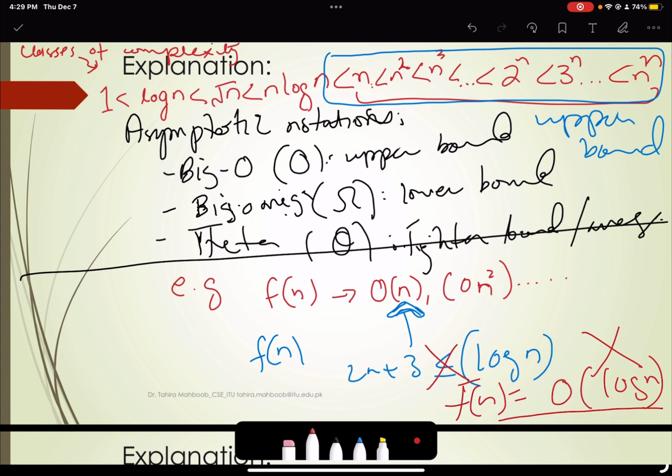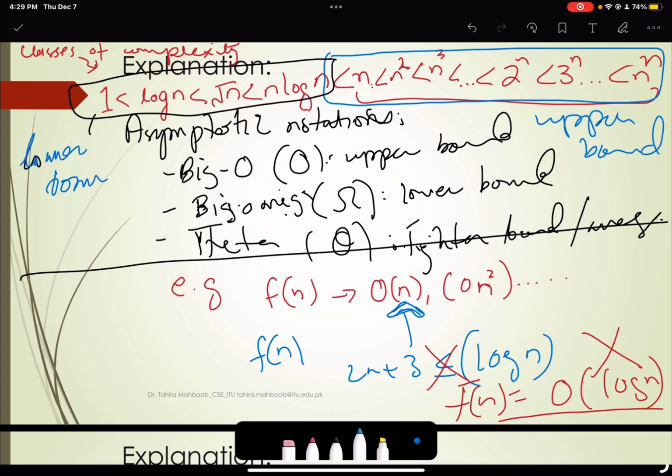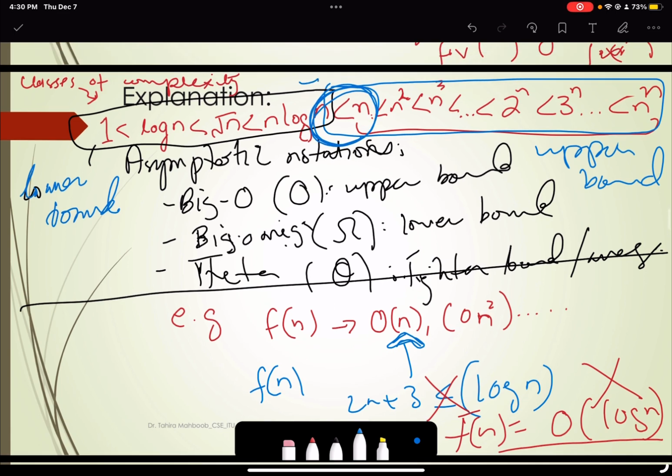So all the functions that are below your n become the lower bound. And your n becomes the strictly tight bound, or the theta.